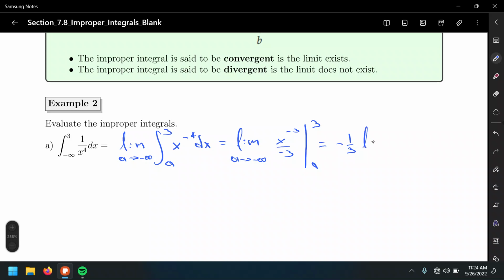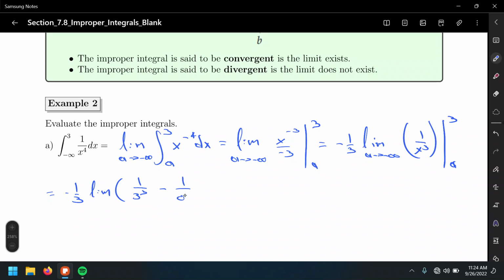And then secondly, let's write this x to the negative 3 as 1 over x cubed, evaluated from a to 3. So this will be negative 1/3 times the limit of 1 over 3 cubed minus 1 over a cubed as a approaches negative infinity.